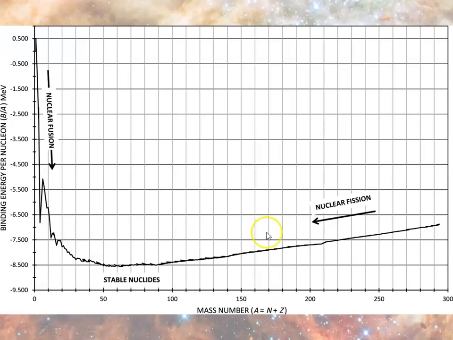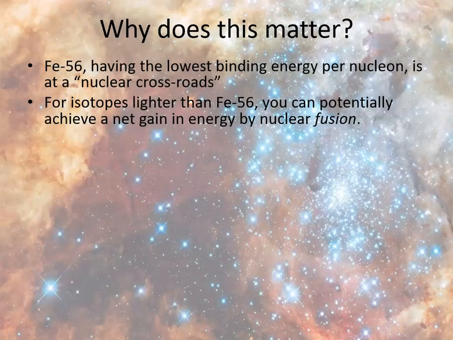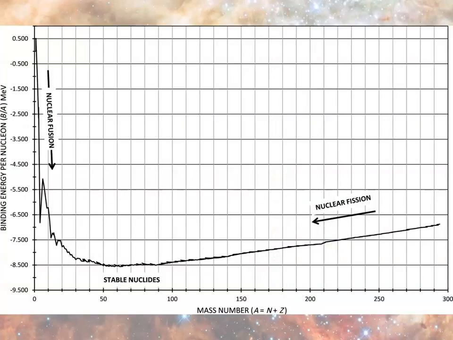So who cares about this iron-56? After all, iron-56 would be around here. It's like, okay, fine, it ends up accumulating in the star's core. Why does that make the star unstable? Again, if you're to the left of this bottoming out, you get nuclear energy by fusion.